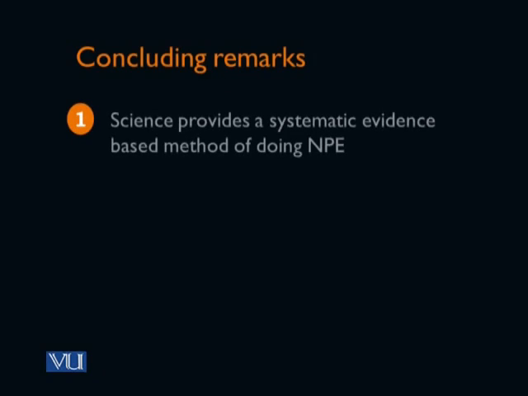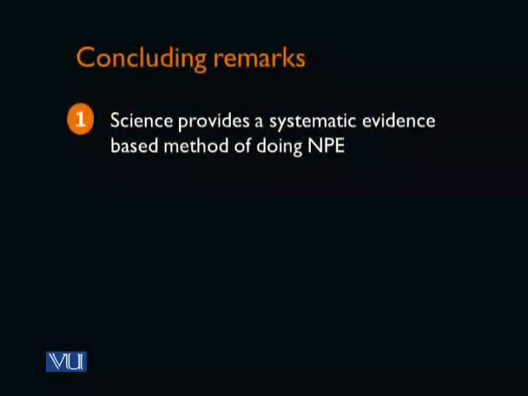The first thing I want to emphasize again is that science provides us a systematic, evidence-based method of doing network performance evaluation. It uses tools of mathematical logic, statistics, design of experiments, and a host of other techniques to give us objective answers which are not affected by bias.